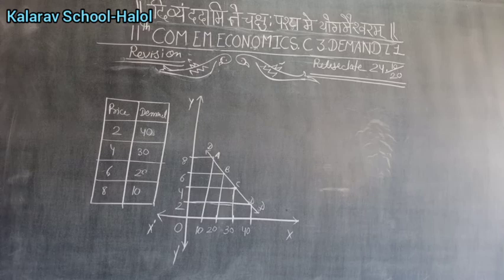Next, substitute goods. When we use one good instead of another, that is called a substitute. Instead of trousers, if you are wearing jeans, then jeans is the substitute of trousers. If you have a scooty and instead you use another motorbike, then that motorbike is the substitute of the scooty.